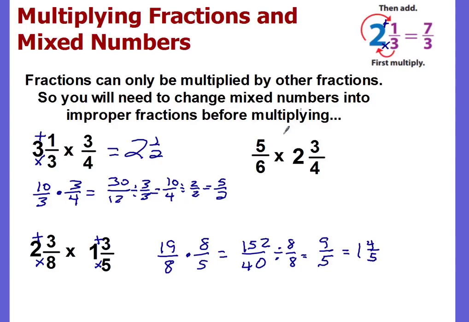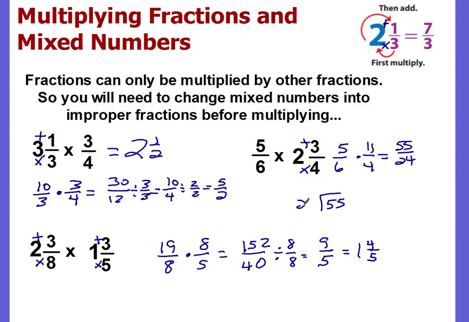And our last example, 5/6 times 2 3/4. There's only one mixed number we need to change. So we're going to get 5/6 times, 4 times 2 is 8, plus 3 is 11/4. Multiply your numerators. 5 times 11 is 55. 6 times 4 is 24. I don't think this can be simplified, so let's go ahead and divide.